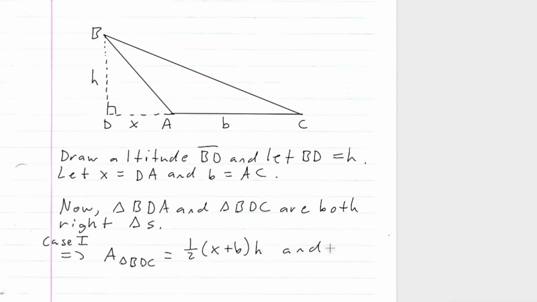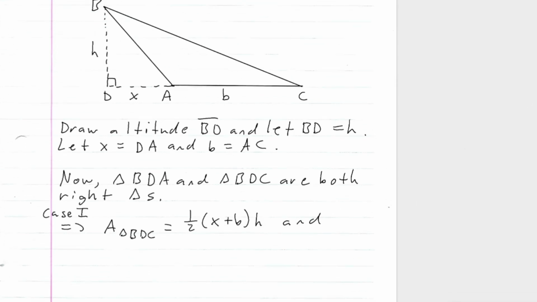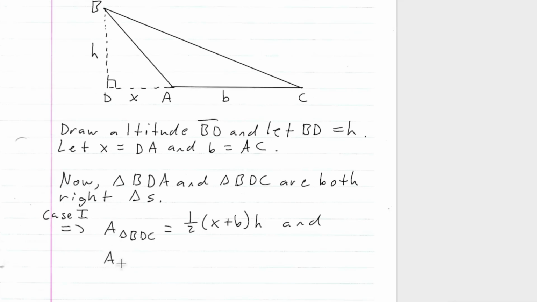And let's scoot this here. The area of triangle BDA is equal to 1/2 XH, right? 1/2 the base times the height for that triangle BDA.